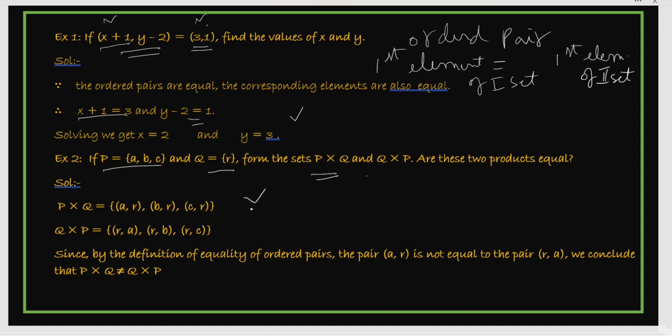Correct? And what is Q cross P? (R, A), (R, B), and (R, C). Right? Just check whether P cross Q is equal to Q cross P. See, (A, R) is not equal to (R, A) because order is important.